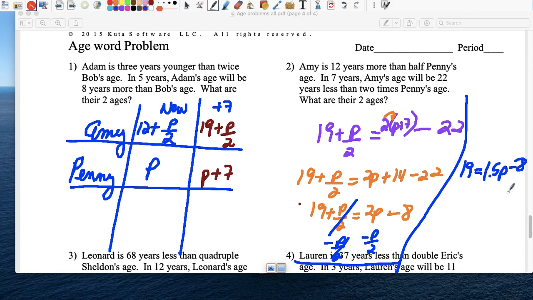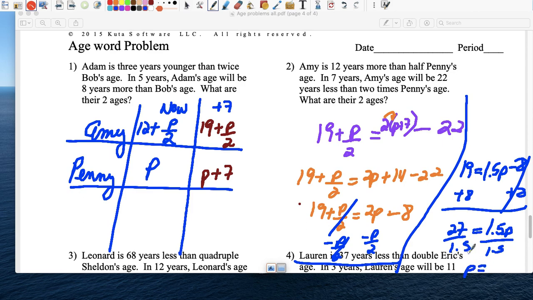Next, I do plus 8, the 8's go away. I'm left with 1.5p. 19 plus 8 is 27. Divide both sides by 1.5. And p equals 18. So Penny is 18 years old.